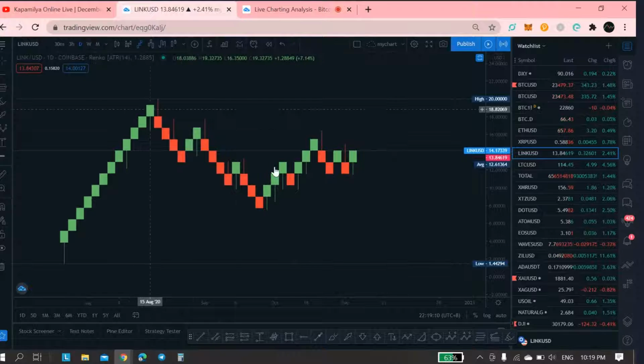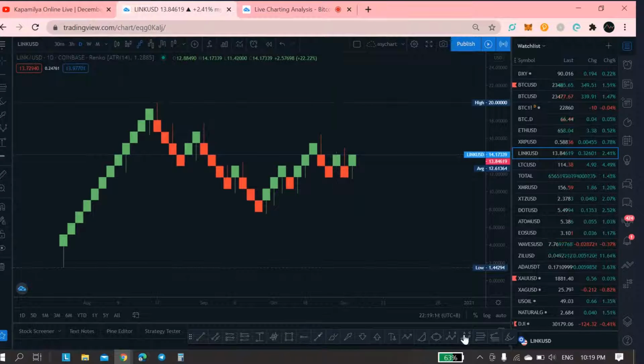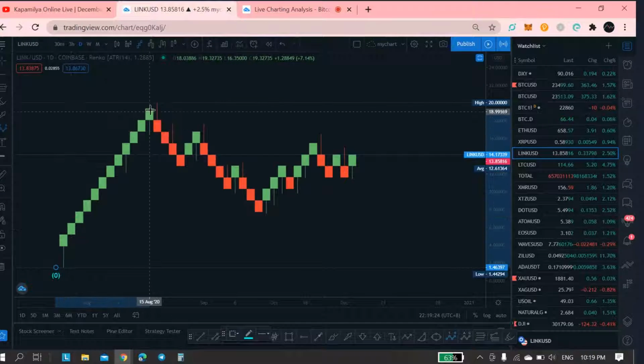Actually, if I use the Elliott Wave here, we can expect that it's currently forming a wave 3. Let me try to illustrate it.